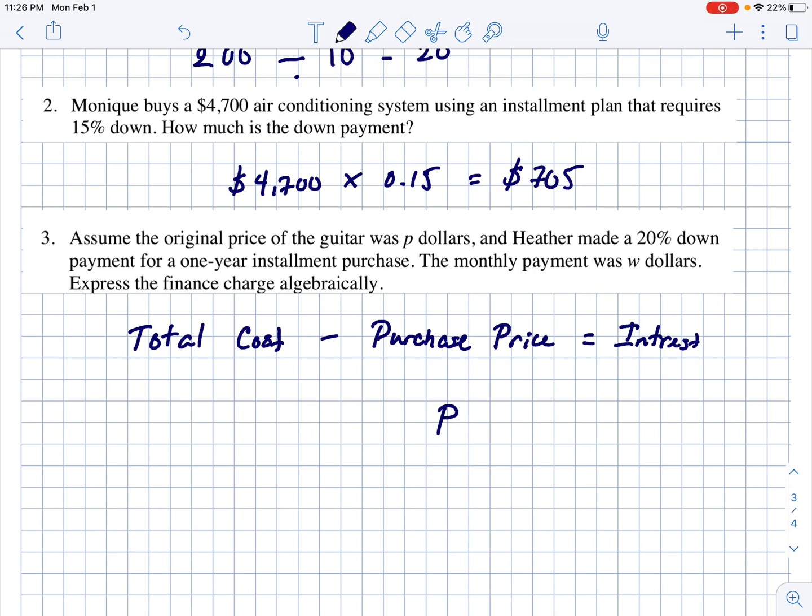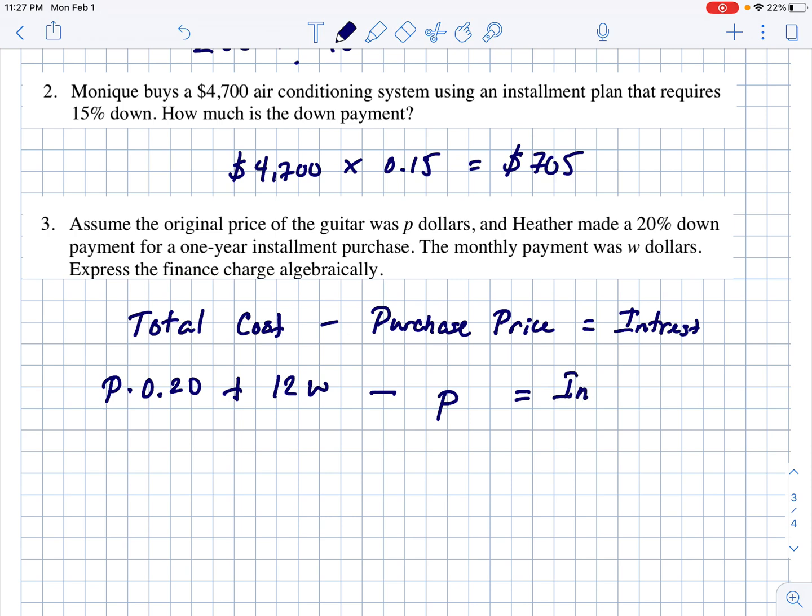So for the total paid, we're going to take 20% of this P. So that would be P times 0.20 plus our monthly payment is W, and we did 12 of those, so it's 12W. Minus P will equal our interest.